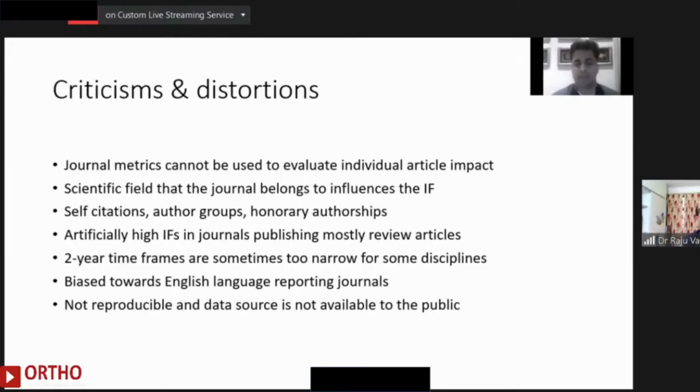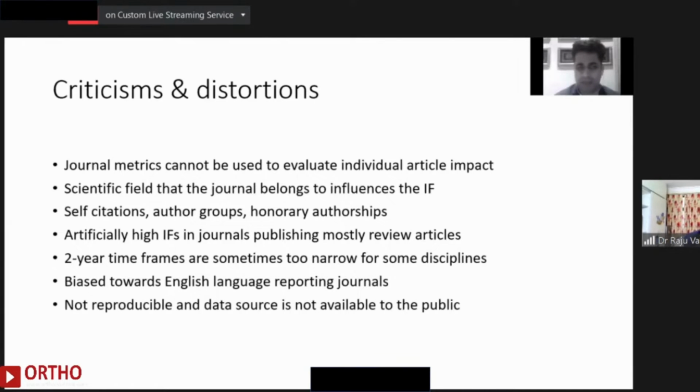And of course, there have been problems with self citations and groups of authors who cite each other, and honorary authorship, which all distort the actual impact and the actual citation index of articles, or the H index of authors and the impact factors of journals. Another problem is that review articles published in certain journals will obviously be cited more.